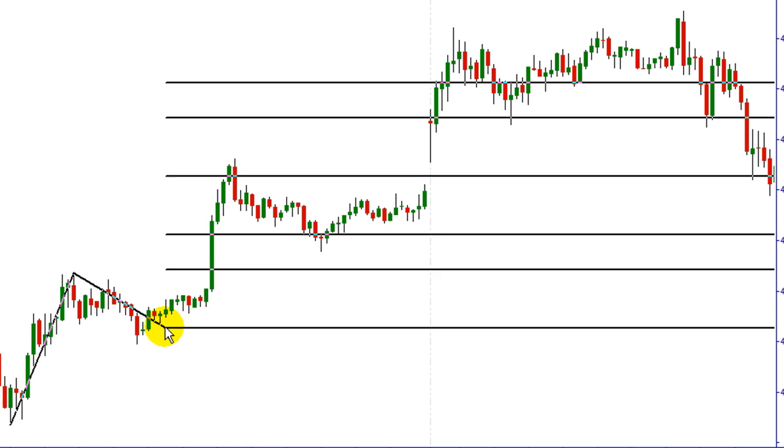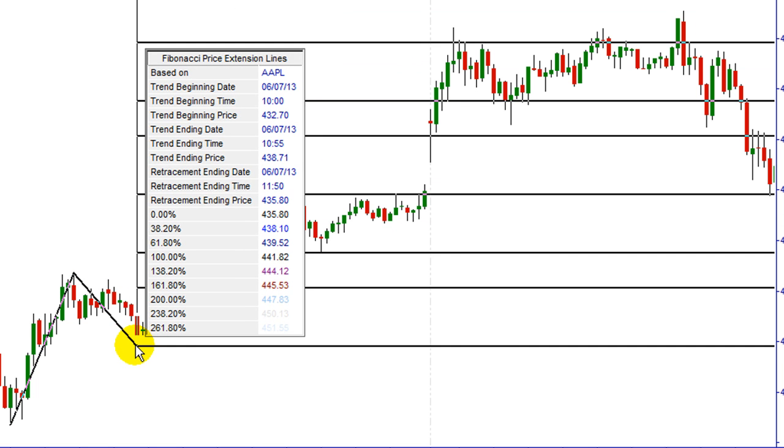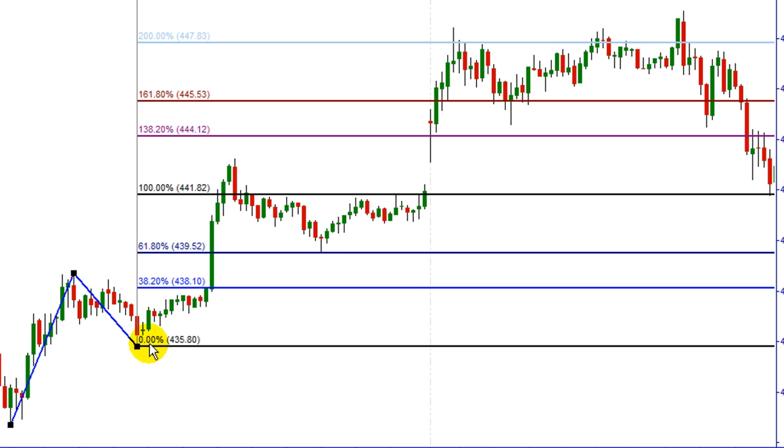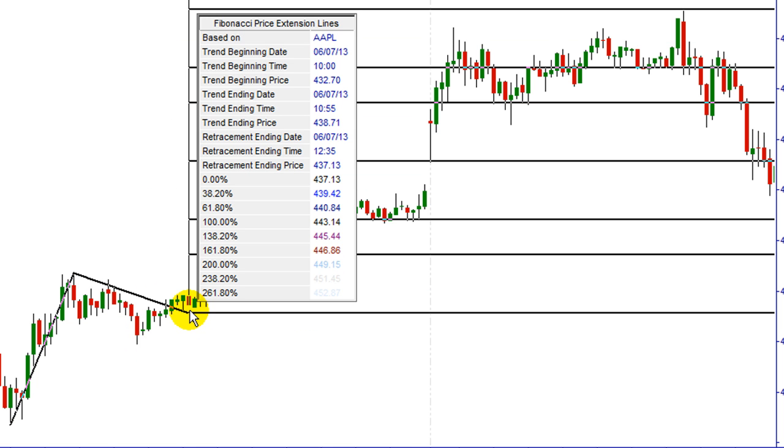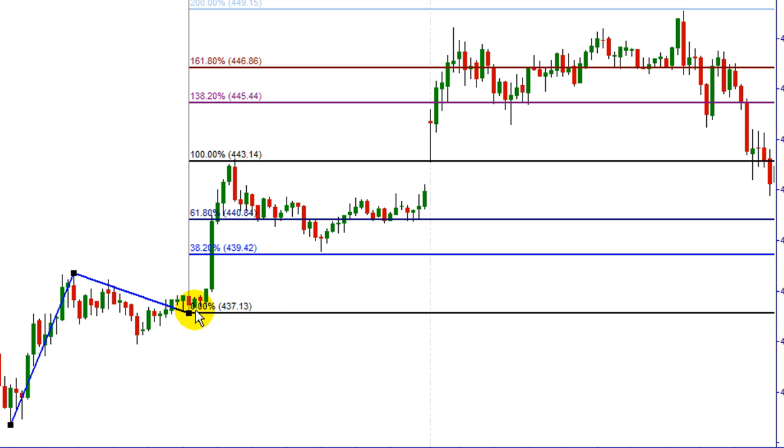Why didn't I start this here for an extension and instead used this point here? And that has to do with the fact that this is the last low that takes place within this period of congestion. We have a period of congestion here that is basically an inverse head and shoulders with the pull lower here, your shoulder, head, pull higher, right shoulder, and then breakout.